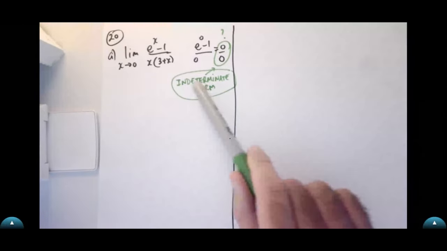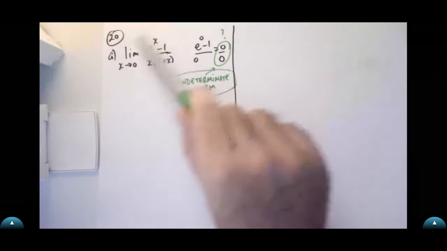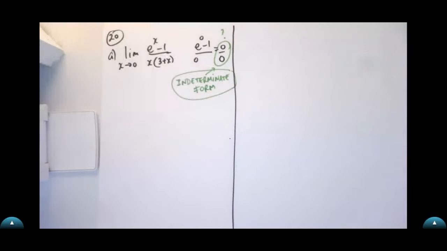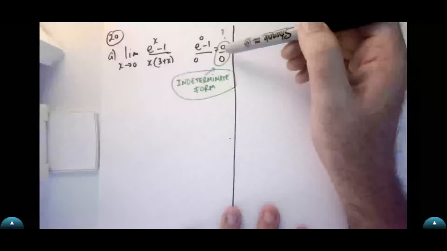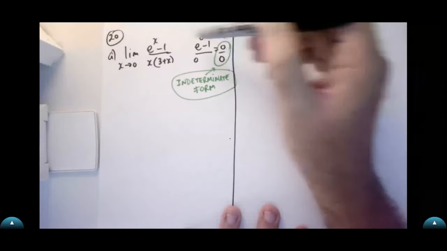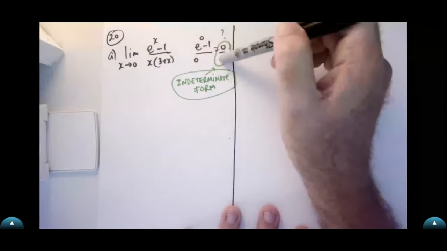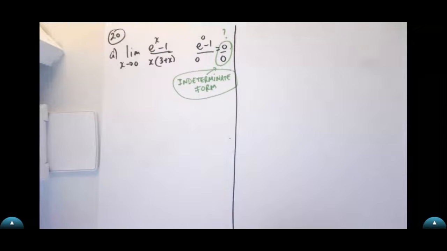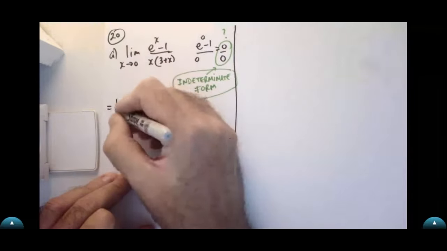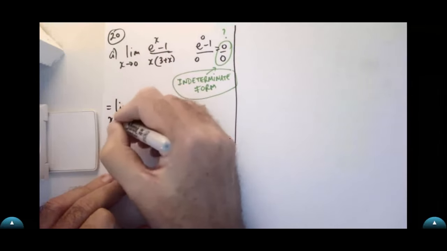We can't determine what this is without doing some analysis on it. So let's apply L'Hopital's rule. We already see that the limit of the top is 0 and the limit of the bottom is 0, and these things are differentiable. So that's fine.